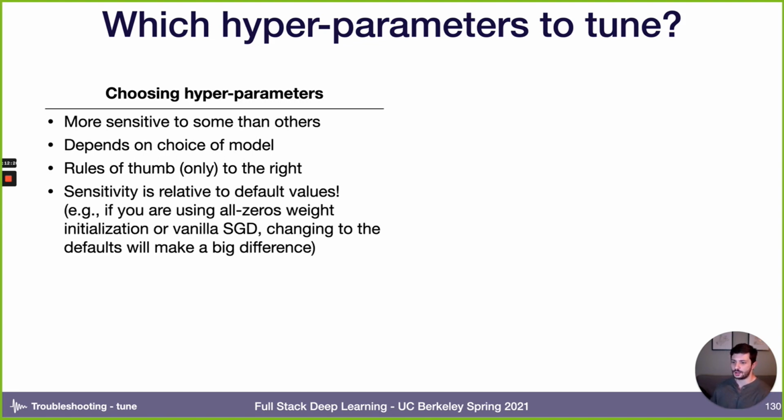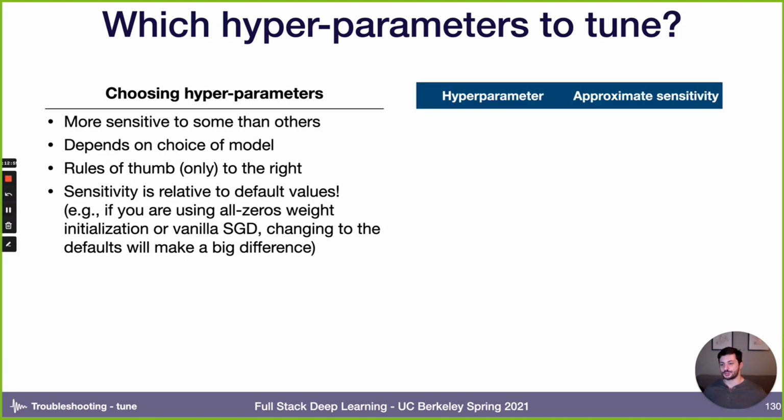And then the last thing I'll note here is that I'm going to have a prioritized list of hyperparameters on the right, and the sensitivity that we talk about here is relative to default values. So if you're using sensible defaults already, then that gets you a large part of the way there for some hyperparameters. But if, for example, you're using all zero weight initialization, or vanilla SGD, something crazy, then changing to the standard defaults will almost always make a big difference.